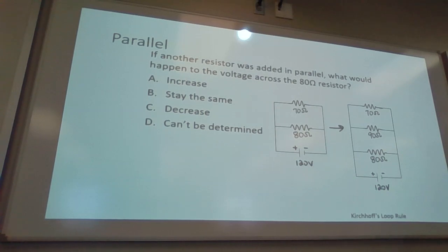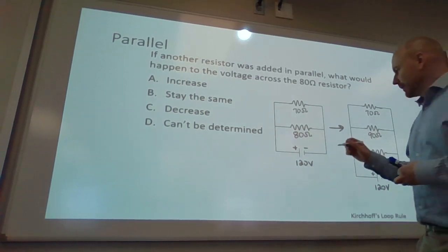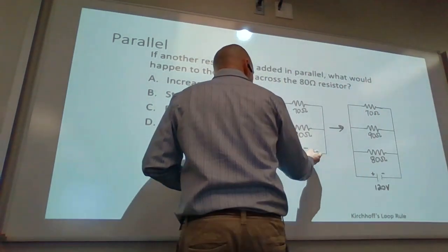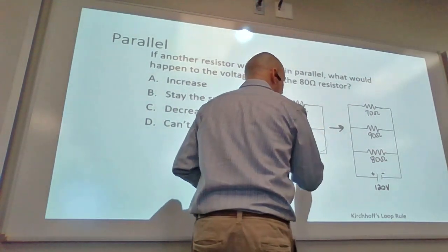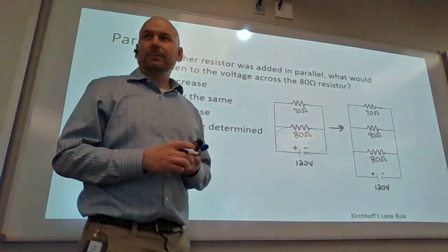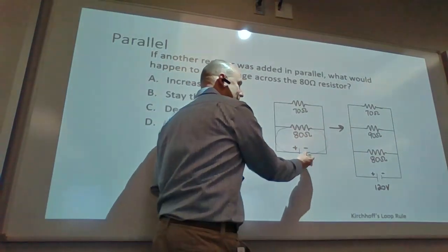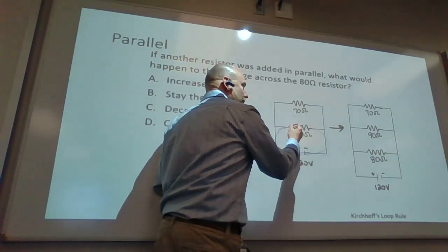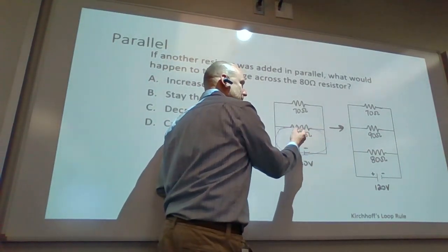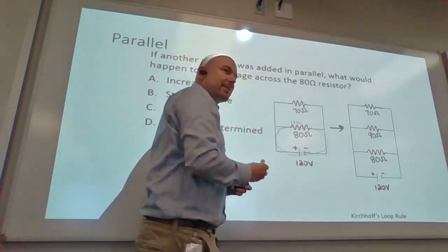Here's why. Here's one loop. That's why it's called the loop rule. The voltage gain equals the voltage drop. So this is 120 volts across this.